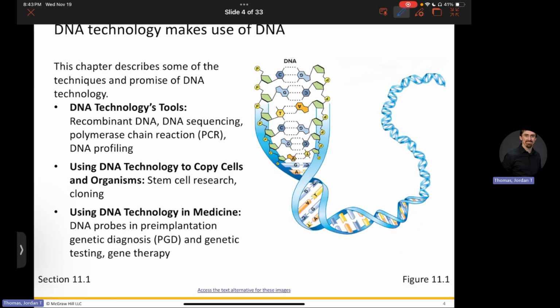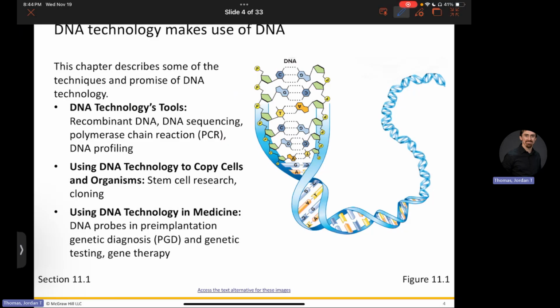DNA technology makes use of DNA, as the name suggests. This chapter describes some of the techniques and promise of DNA technology. DNA technology tools include recombinant DNA, sequencing, polymerase chain reaction, or PCR, and DNA profiling. Then there is using DNA technology to copy cells and organisms. This is an example of stem cell research and cloning.